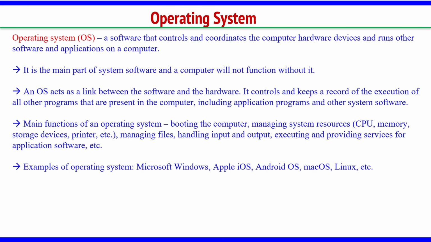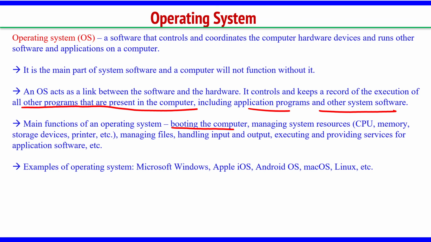It controls and keeps a record of the execution of all other programs present in the computer. Every task you do in the computer is recorded as an entry, including application programs and other system software.